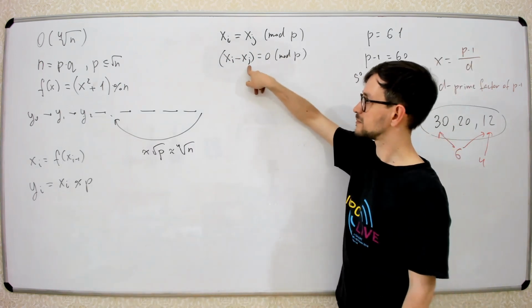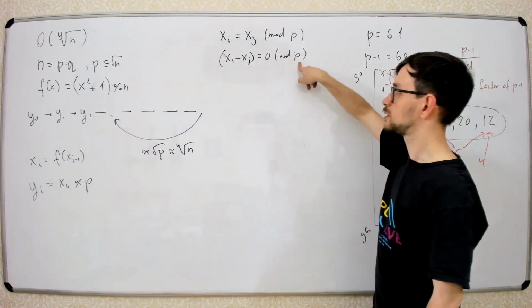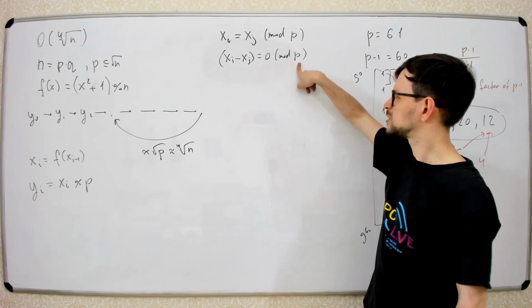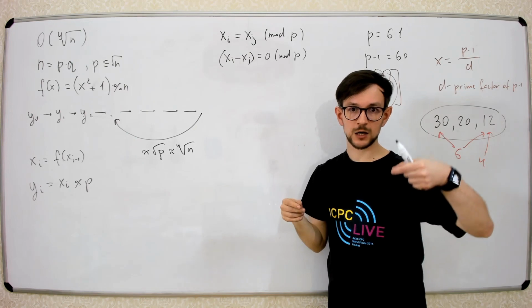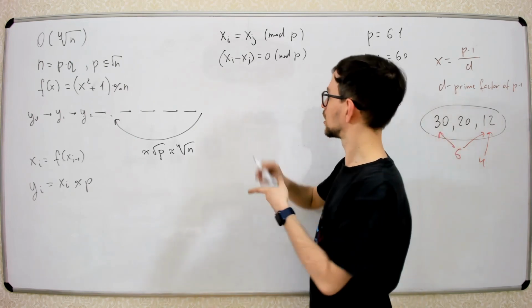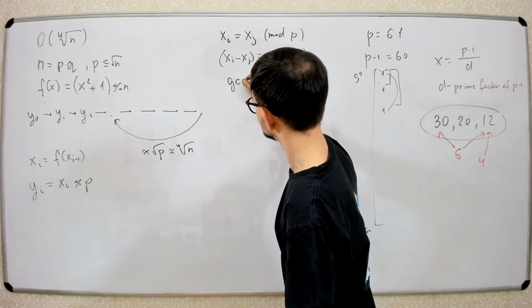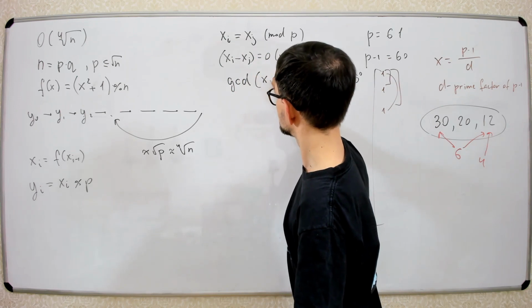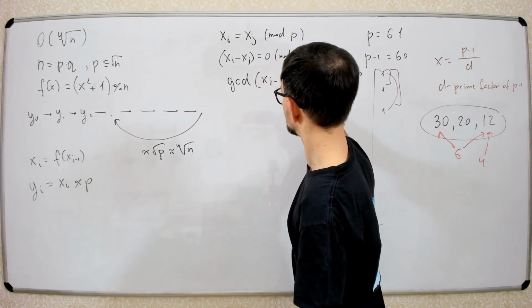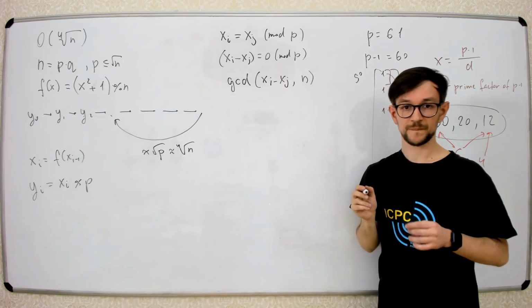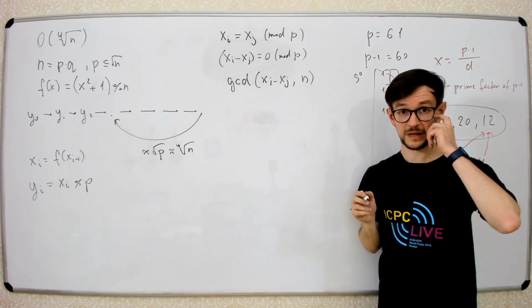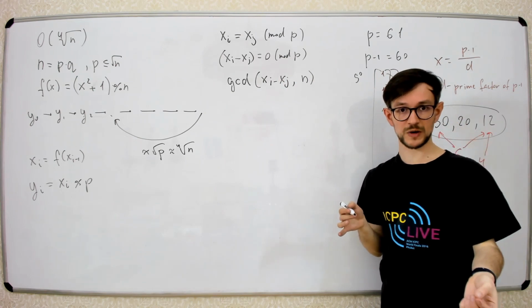Now I have some difference, which is divisible by this p. So how to find p? I can calculate the greatest common divisor of xi minus xj and n, and it will give me some divisor of n.